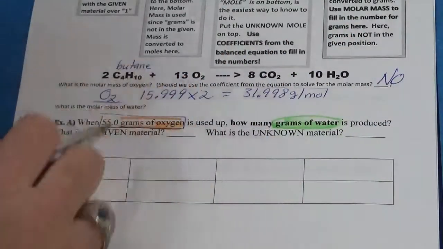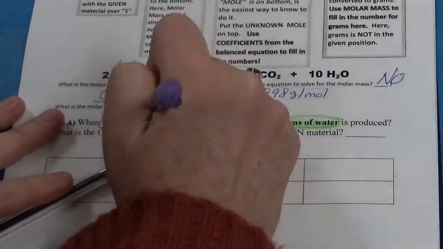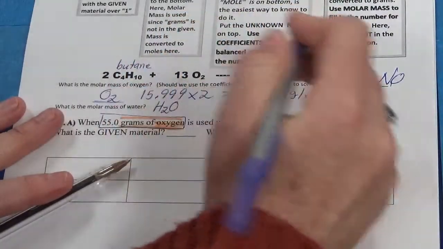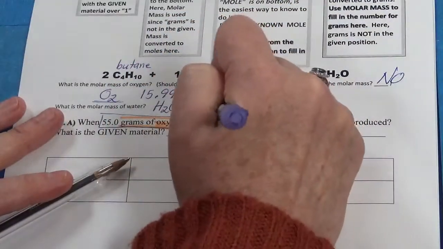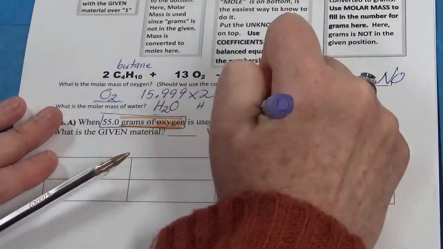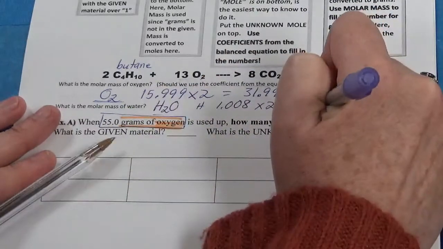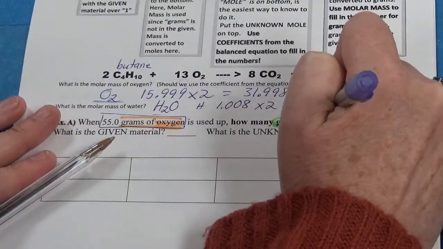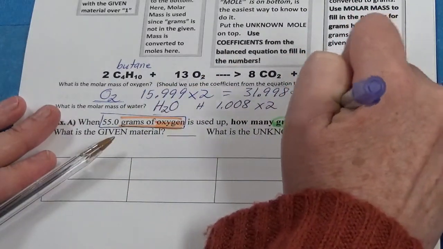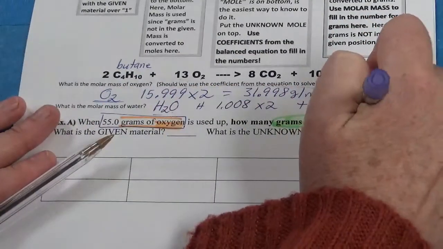Okay, here I'm asking, what is the molar mass of water? And water, you know, is H2O. If we look up hydrogen, we get 1.008 from the periodic table, and of course there are 2 hydrogens in the formula, plus oxygen, which is 15.999, and there's only 1 oxygen in the formula, so we could say times 1.